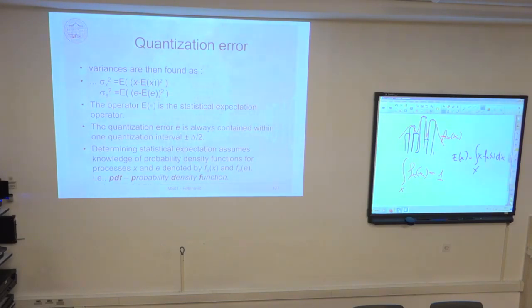And this estimator is the best unbiased estimator for what kind of distribution of the input signal? What should be the input distribution fX of x, for the case when this simple sample average is an unbiased estimator of the expectation? If the input distribution is Gaussian, normally distributed process.